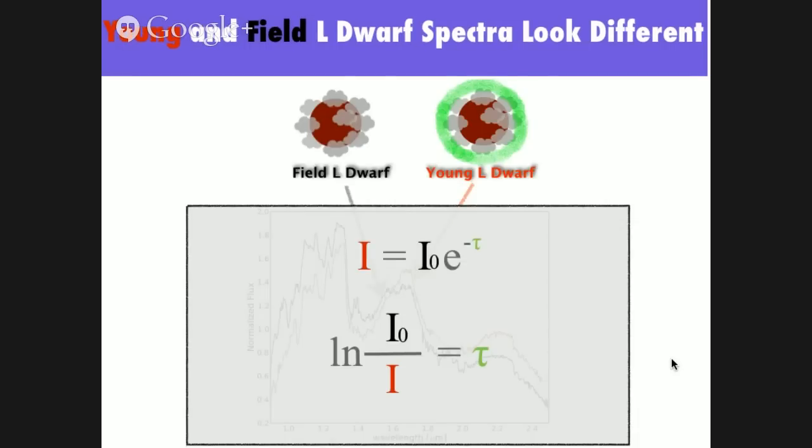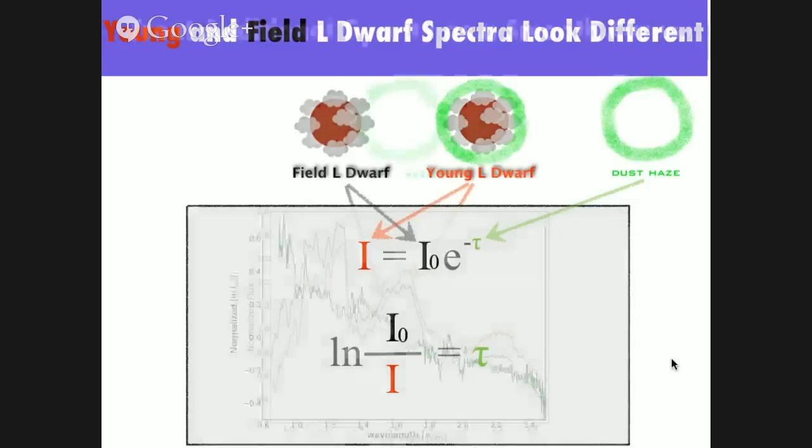We take the simple basic radiative transfer equation: the flux of the young dwarf is equal to the flux of the field dwarf times e to the negative tau, which is the optical depth due to the dust haze. If you divide the field dwarf flux by the young dwarf flux, we get the additional opacity due to the dust haze.